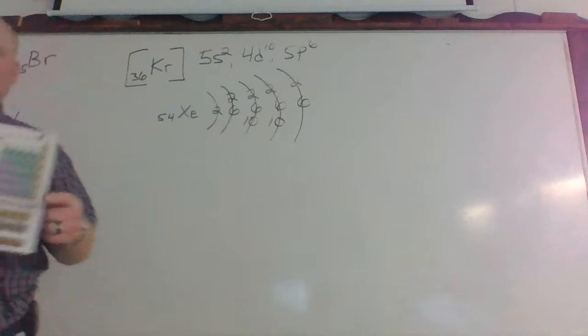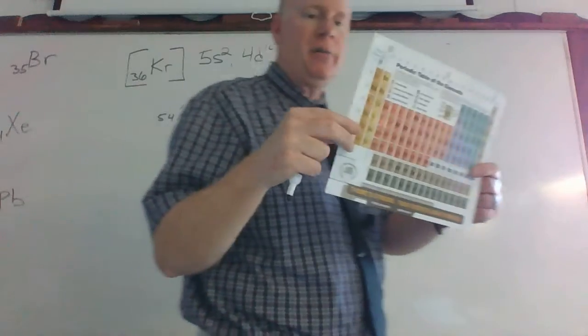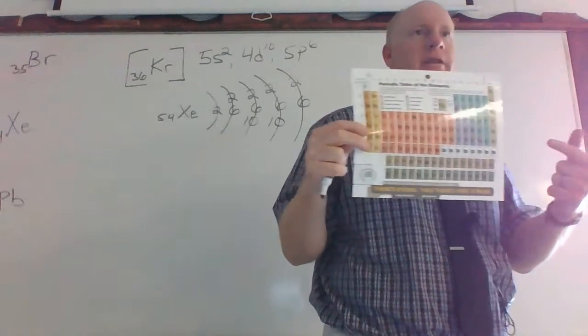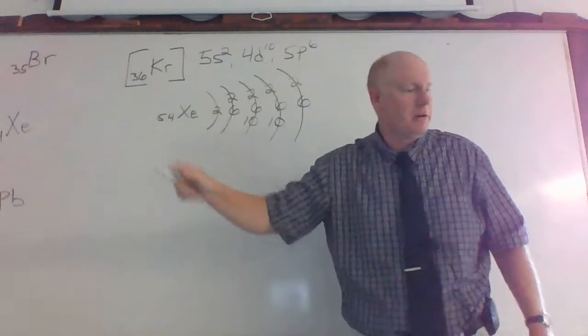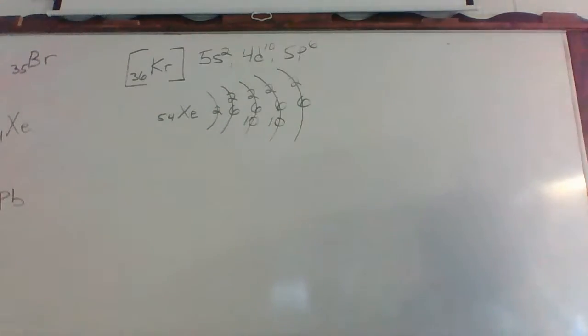Well, look at your table, find the 5th period, go all the way across in the 8th column, and we find xenon. That's where it appropriately belongs. 5th noble gas, yes.